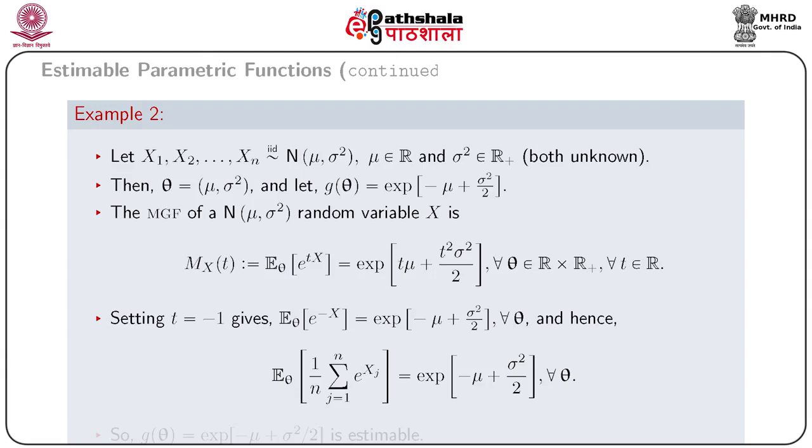And hence expectation under theta of 1 by n summation over i from 1 to n of e to the power minus Xi equals g theta for all theta. And hence there exists an unbiased estimator of g theta. Therefore g theta is estimable.